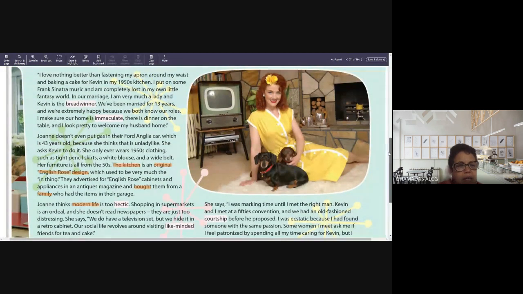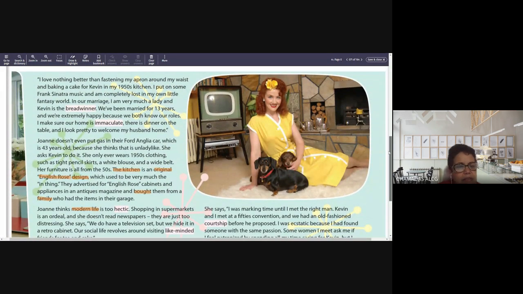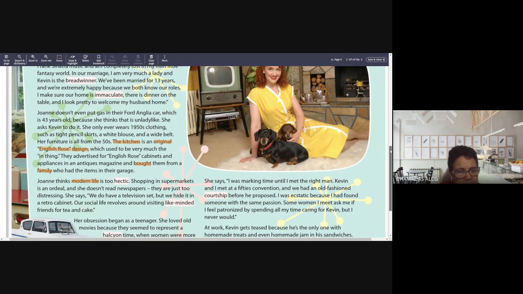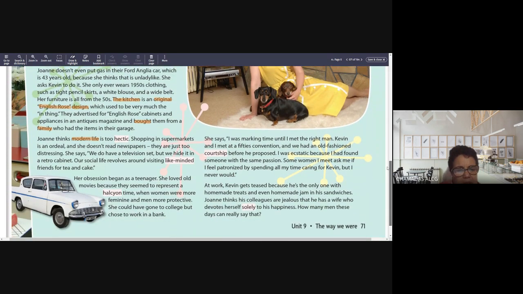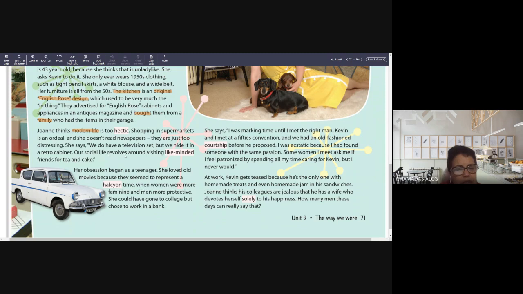Here they say, here they talk about it. Look, our social life revolves around visiting like-minded friends for tea and cake.